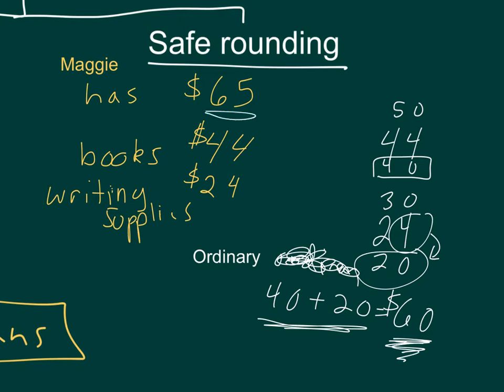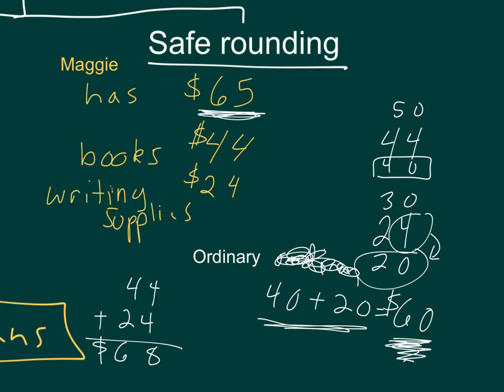Well, she's got $65 and she only has to spend $60, so yeah, she can afford it. But if I actually look at the real numbers, remember the real numbers are 44 plus 24, I would get $68, which shows me that no, she actually does not have enough money. So we need to do something called safe rounding to ensure that we have enough money.